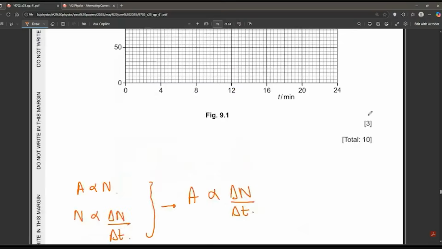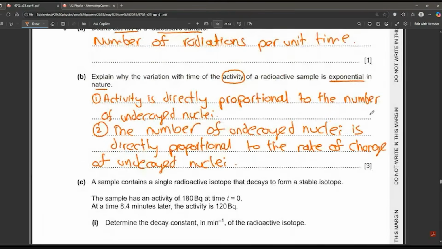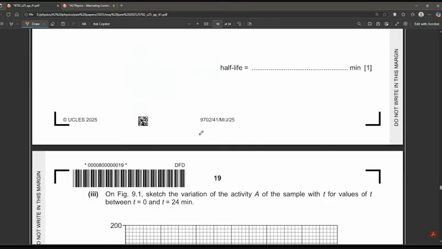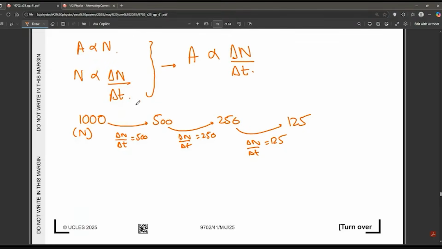यहाँ पे लास्ट की पॉइंट हम क्या लिखेंगे? What will be your last key point here? You will say activity is equal to negative of rate of change of undecayed nuclei. ठीक हो गया. Activity is exponential क्योंकि activity depend करती है on the number of undecayed nuclei.